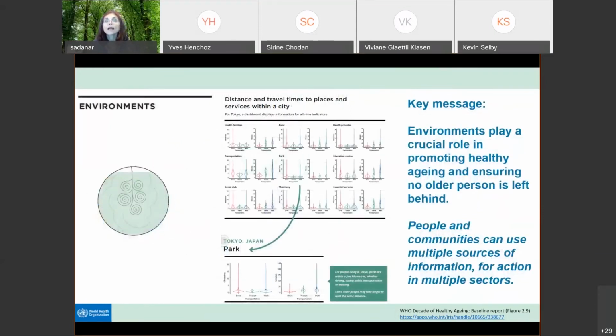For environments, I mentioned that we had no comparable data, but what we did look at is 9 indicators related to the age-friendly communities network. And we saw distance and travel time to some aspects of the natural and built environment and places or services that older people would like to go to, like parks, social clubs, or health services.